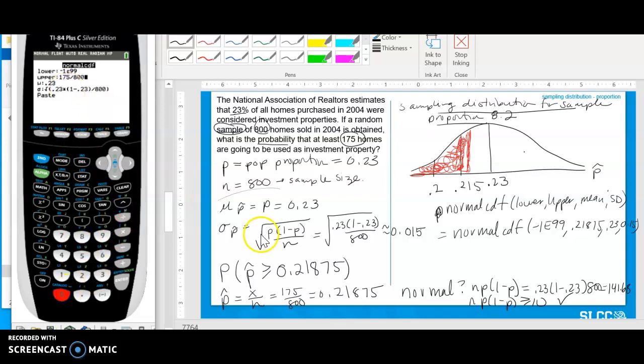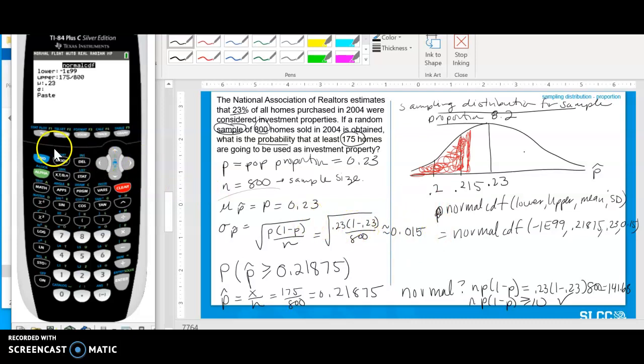So it's 175 divided by 800. Then my mean is my mean of my sample proportion, which was 0.23. And you could put 0.015 in there, but that's rounding, and there's a chance that that rounding error will give you a different answer at the end. So if you can avoid rounding until the very end, that's going to be better for you.